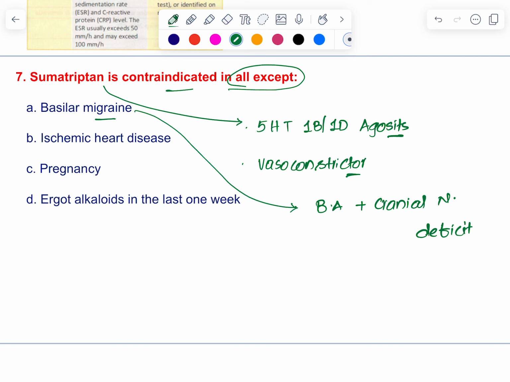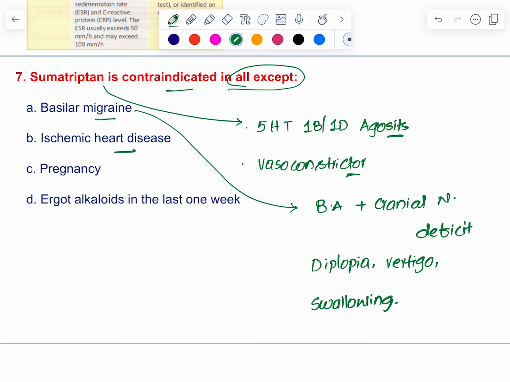They also develop diplopia, vertigo, and difficulty in swallowing. These are the features of basilar migraine. And in basilar migraine, please don't give vasoconstrictors.